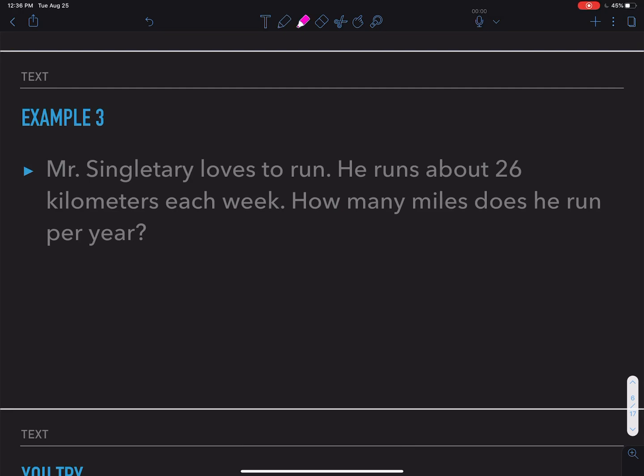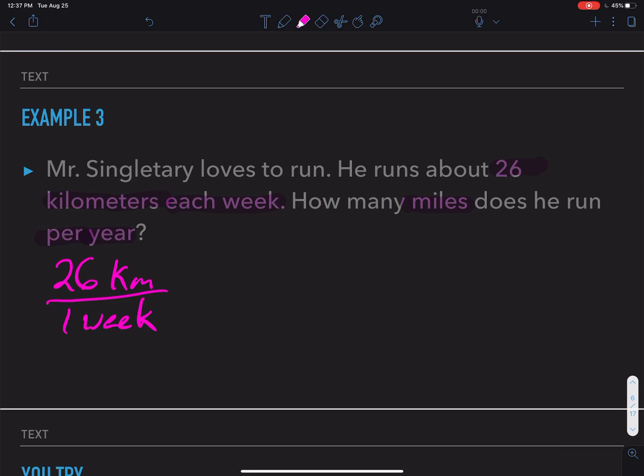So 26 kilometers each week. So that means that I can start with a fraction, 26 kilometers per 1 week. Now, my goal is to find the number of miles per year.